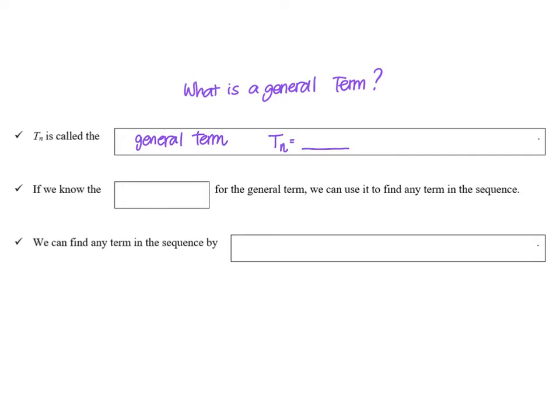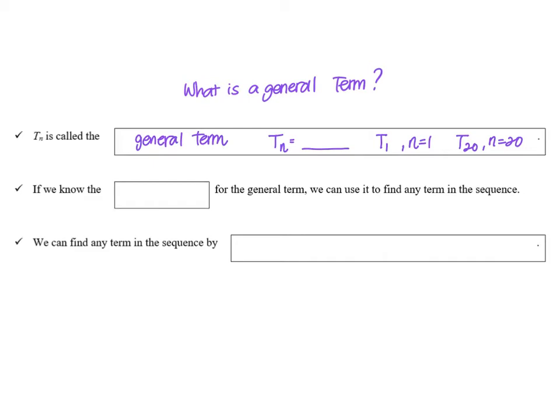So if it's T1, then n will be equal to 1. If it's T20, then n will be equal to 20. And I'm going to use n equals 1 or n equals 20 and sub it inside the formula to find any term in that particular sequence.